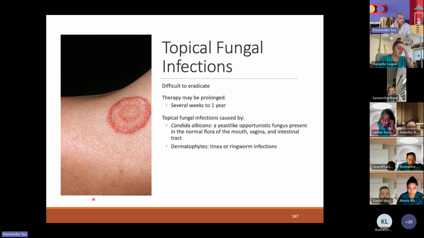Number two, tinea cruris. It's called jock itch. Where is it? In the groin area. Tinea cruris. Number three, tinea corporis.